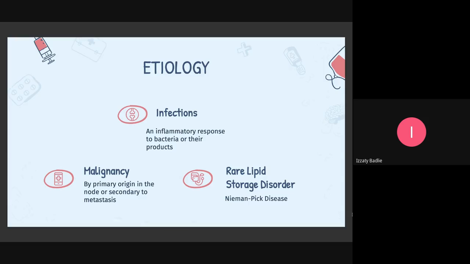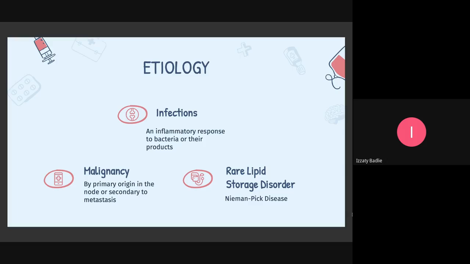If there is any antigen present in the lymph fluid, the lymphocytes will trigger the immune response, thus causing cellular proliferation and lymph node enlargement. For malignancy, it can be of primary origin or secondary to metastasis, and the cancer cells will reside in the lymph node itself, causing lymph node enlargement.